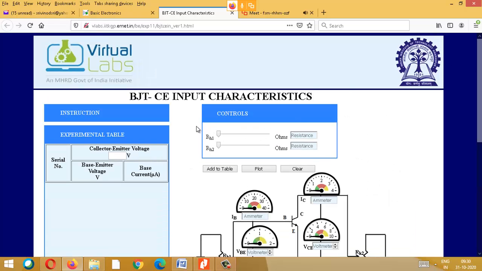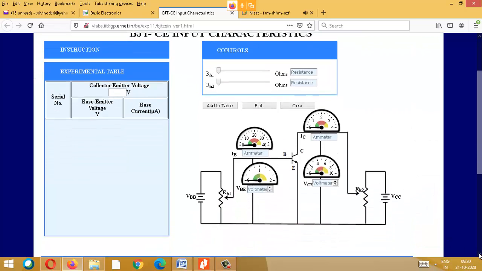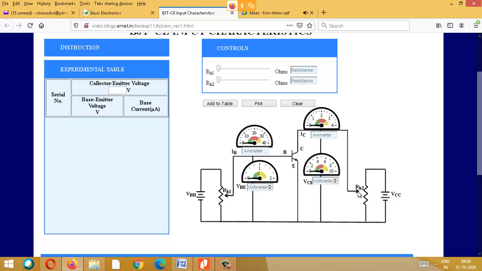Similarly, you can see RH2 here. If I keep this knob at this portion, the entire resistance comes into the picture, so voltage will be 0. As I vary this position from this end to that end, your voltage increases, and if I finally touch this portion, the resistance is not in the picture, so the entire voltage comes. I repeat, RH1 is for input voltage, RH2 is for output voltage.